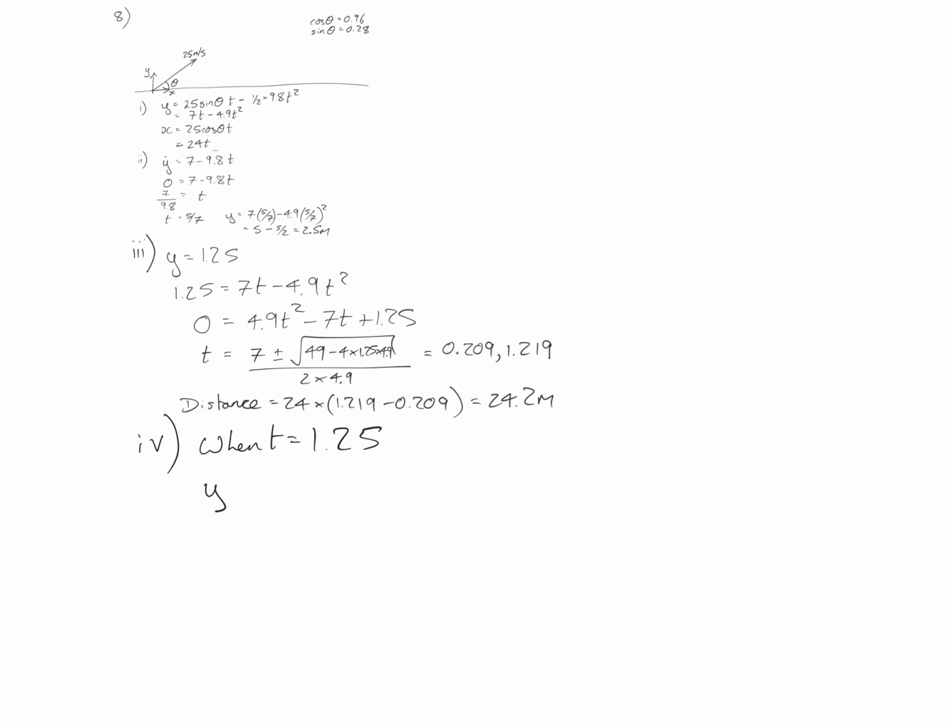So y dot equals 7 minus 9.8 times 1.25. B, whether the ball is rising or falling.